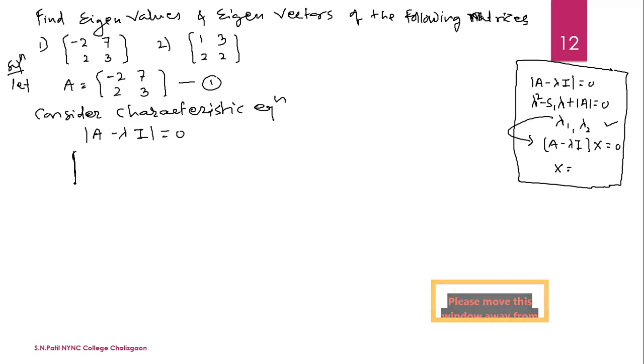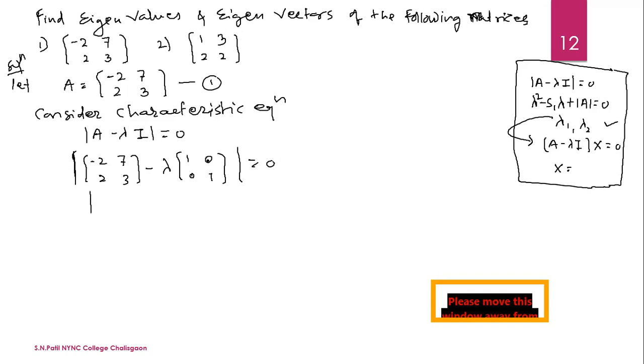This is the determinant of minus 2, 7, 2, 3 minus lambda times the identity matrix of the same order as A, that is 1, 0, 0, 1, a 2 by 2 matrix. Lambda is multiplied with each element, then we subtract the two matrices. Only the diagonal elements change: minus 2 minus lambda, and 0.